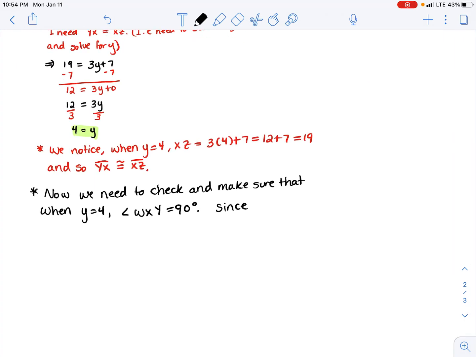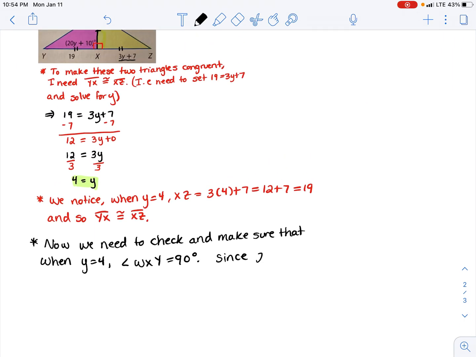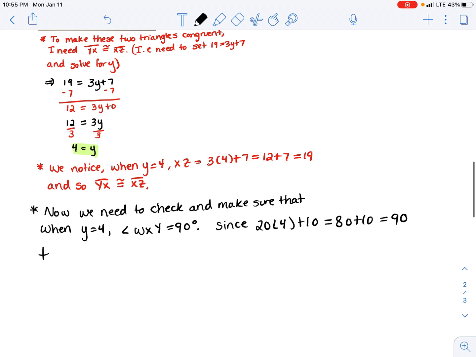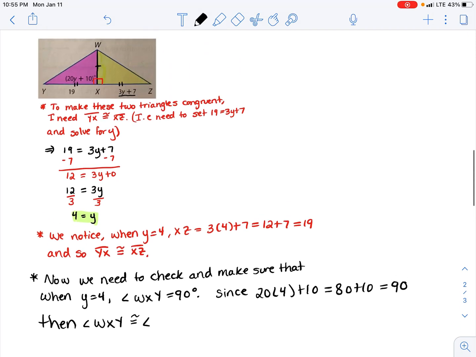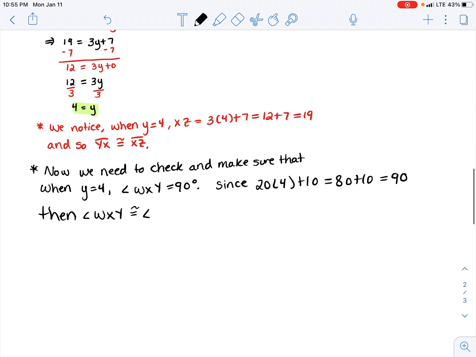Since 20 times 4 plus 10 is equal to 80 plus 10, which is equal to 90, then angle WXY is congruent to angle WXZ.